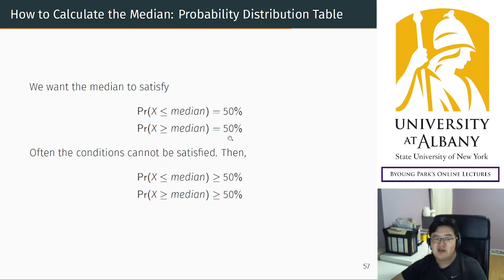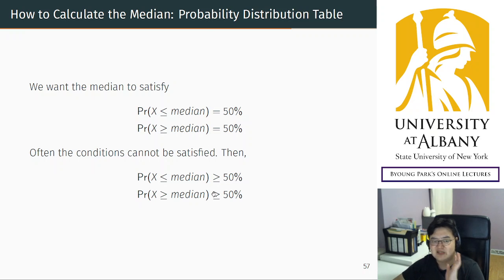However, usually this equality does not hold, because the equality sign is included in both probabilities. So this may make the probability greater than 50%. Mathematically, we have to modify this condition into inequalities.